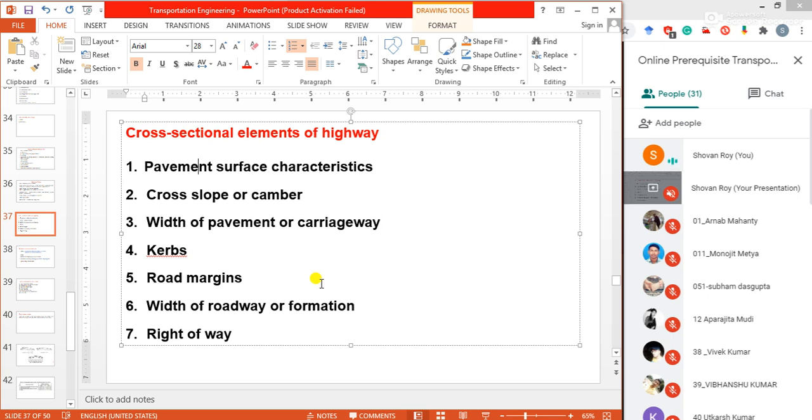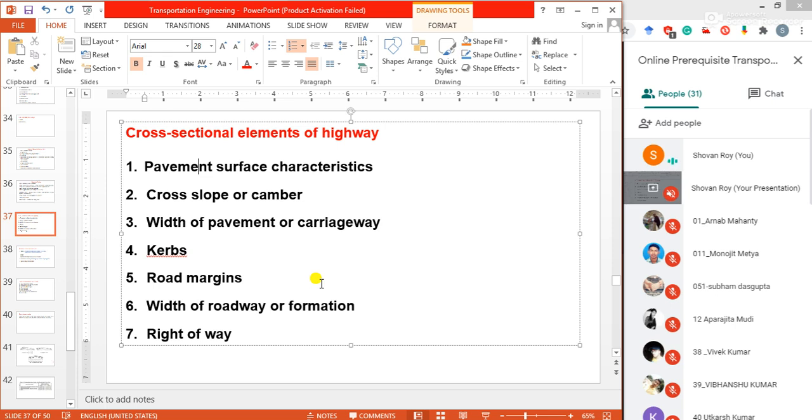So the pavement surface depends on pavement type, which is decided based on the availability of materials and funds, volume and composition of traffic, subgrade and climatic conditions, construction facilities and cost considerations.